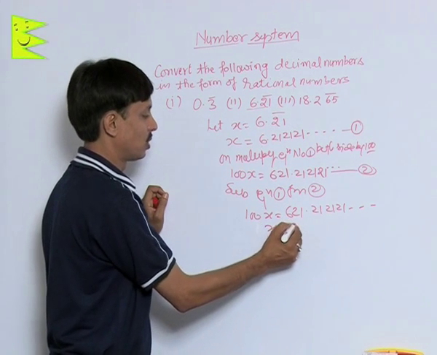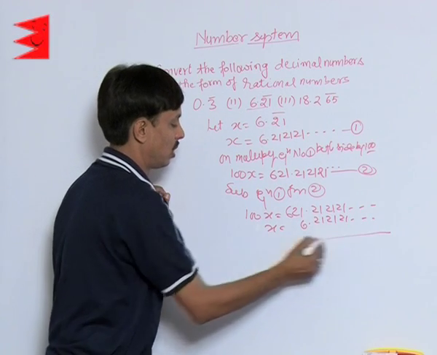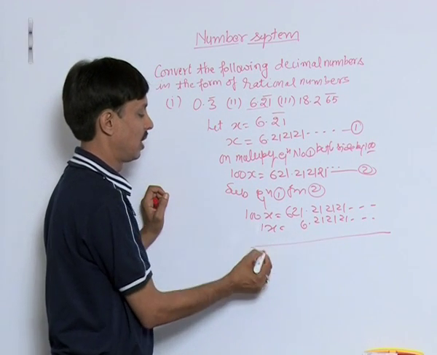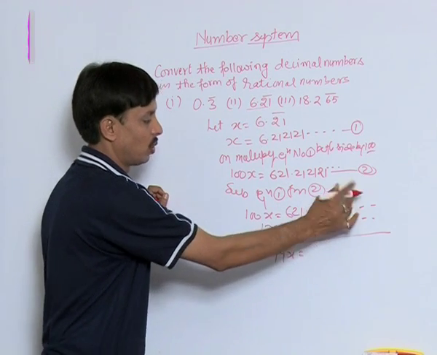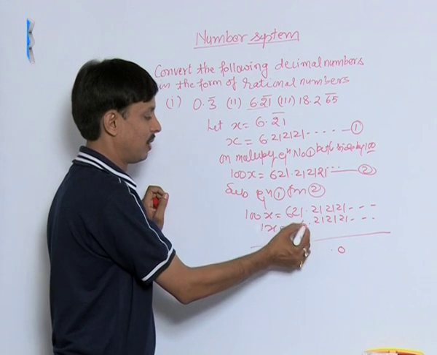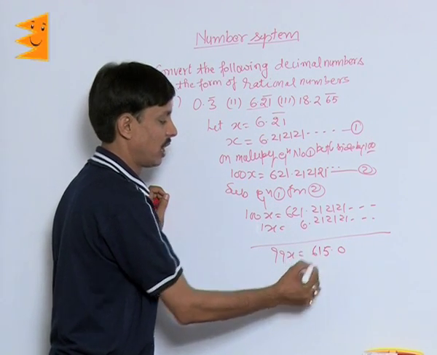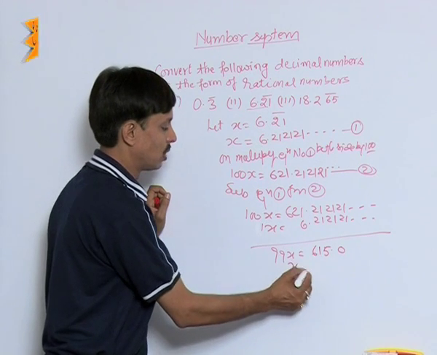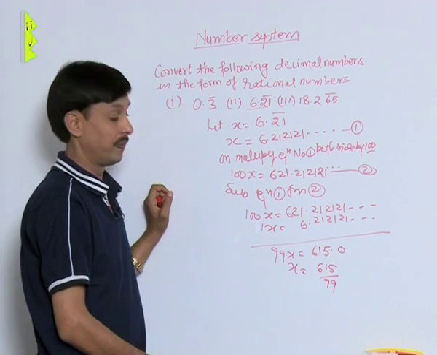And x equals 6.212121 dot dot dot. If I subtract 100 minus 1, 99x, and you can find here 2 1 2 1 2 1, nothing will be after the decimal, that will be 0. 621 minus 6, that is what? 615. So x equals 615 upon 99.